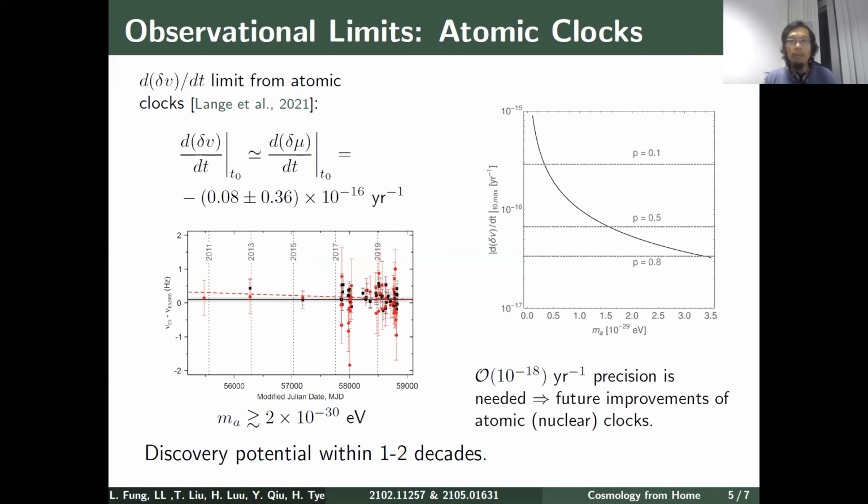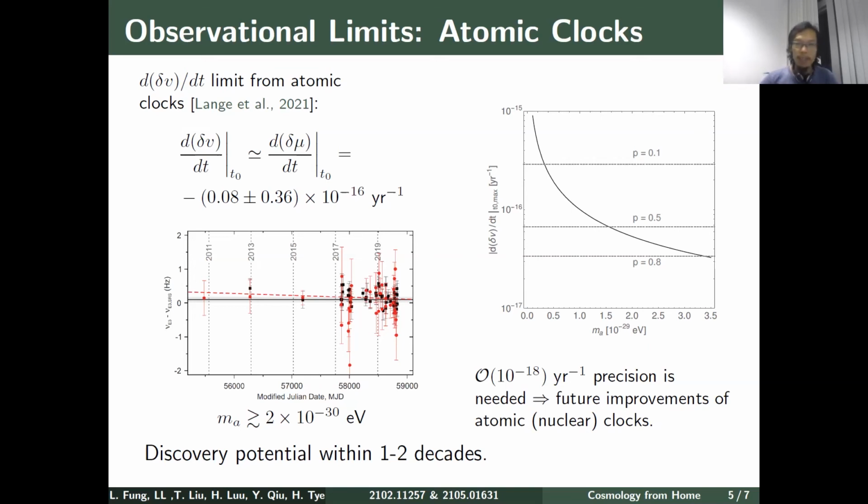Our benchmark model has 10 to the minus 29 eV, which is by far out of reach of any ground-based experiment in the future. But luckily, we can still monitor the annual drift of constants, like the electron to proton mass ratio, or effectively just delta mu, to a very good approximation.